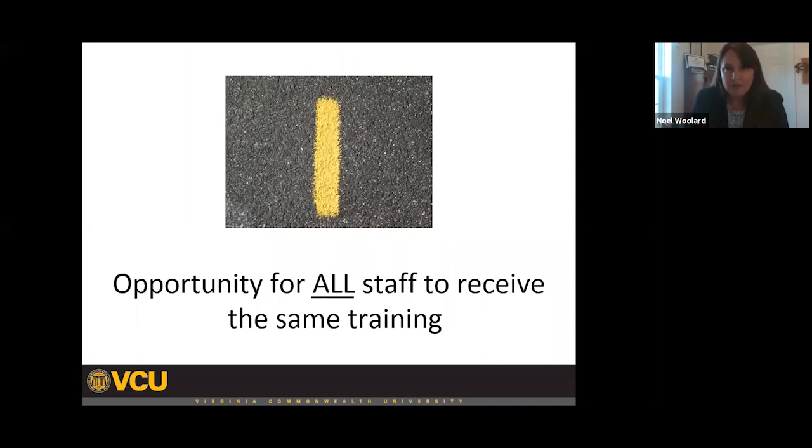Often one of the largest barriers that we tend to see with division leaders or trainers is that staff really lack the basic skills and knowledge to understand what strategies can be used to manage some of those difficult behaviors. Having a virtual training platform that all staff are exposed to is one way to get everybody on the same page. So let's talk about some of the other benefits that come from using an online training format that is available to all district staff.